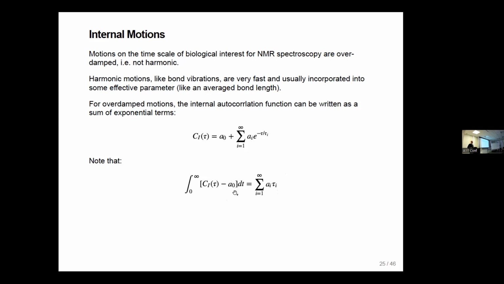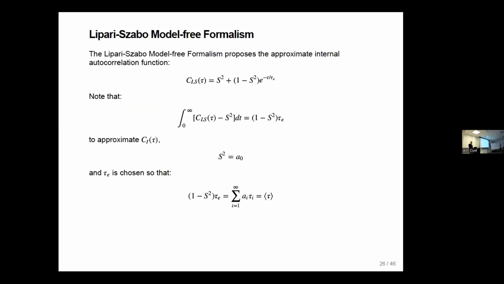The area under the autocorrelation function has units of time. And if I just do this integral, I see that I have the weighted sum of all of the tau sub i's. And this led to what's called the Lipari-Szabo model-free formalism.